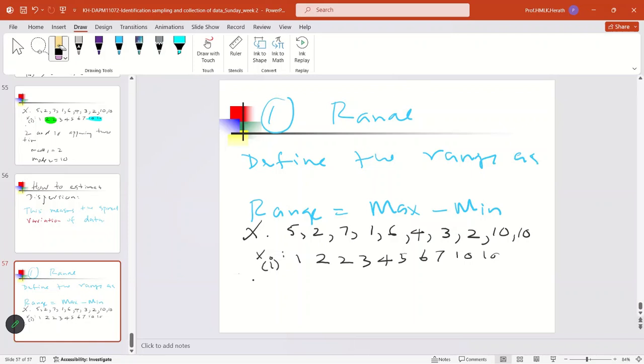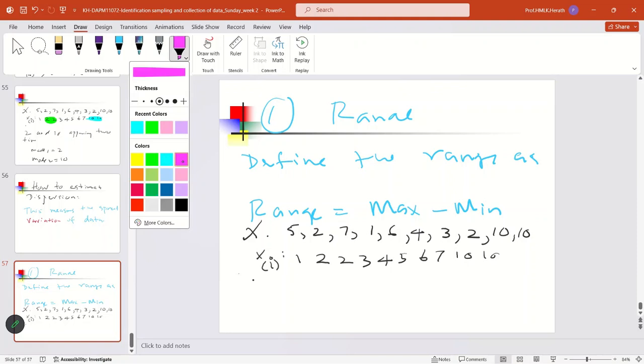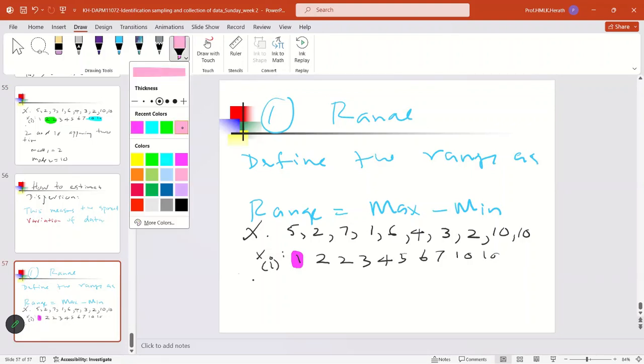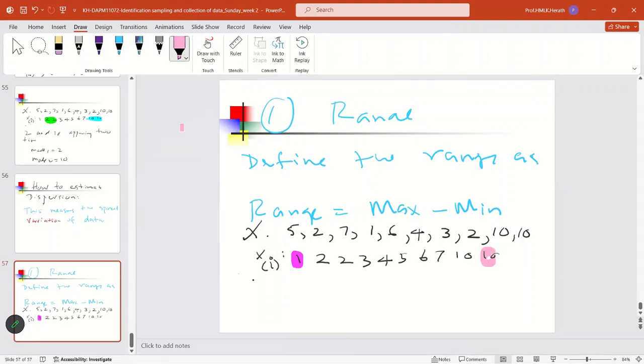If we put our data set in ascending order, we will identify this value as the minimum, while we identify the last value as the maximum.